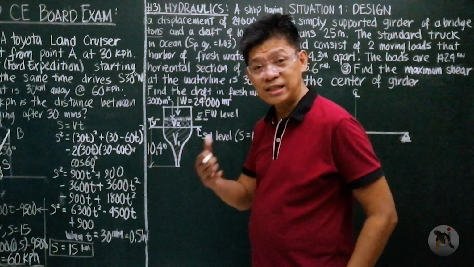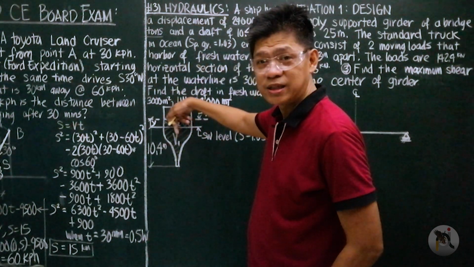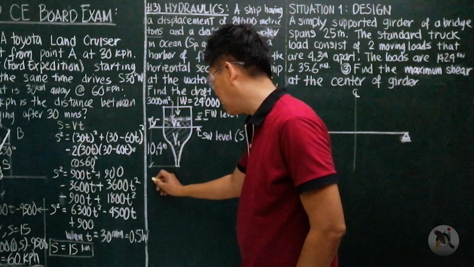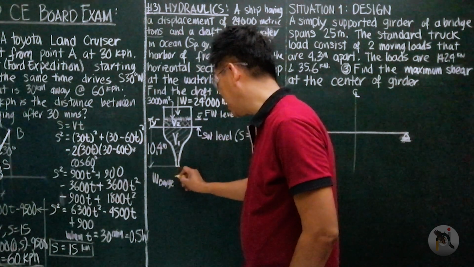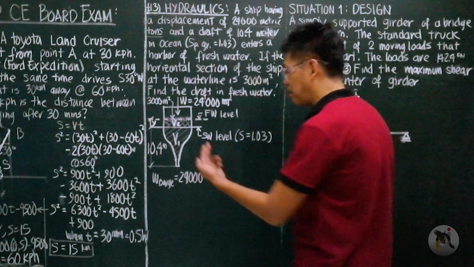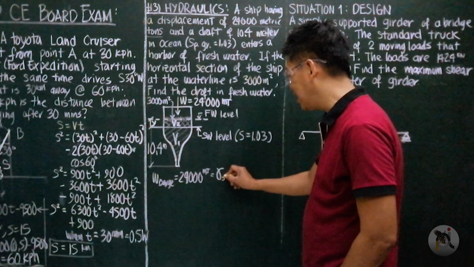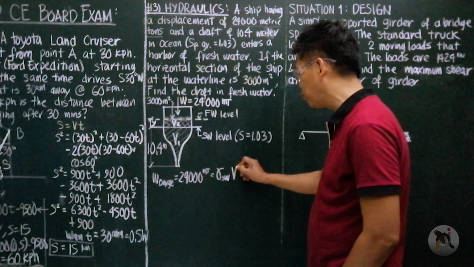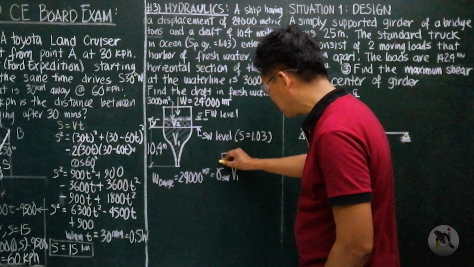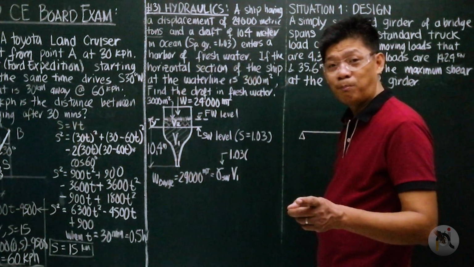We say the initial condition when it is still submerged in salt water, that W is equal to the weight of displaced salt water. That is the buoyant force, right? So the weight of barge, which is 2,400 metric tons, is equal to the buoyant force, which is the density of salt water times the volume of salt water displaced, that is V1, right? But density of salt water is specific gravity 1.03 times density of water.